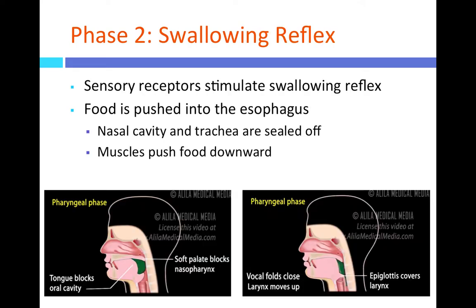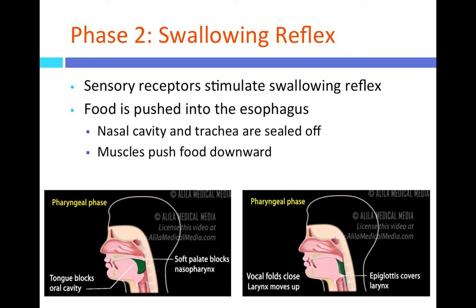At this point, there's going to be a reflex. So this is, again, a feedback loop type of reflex, or not exactly a feedback loop, but that type of reflex, in that sensory receptors are going to send the information of pressure of food in your pharynx back up to your brainstem, and then that is going to have you carry out this reflex.